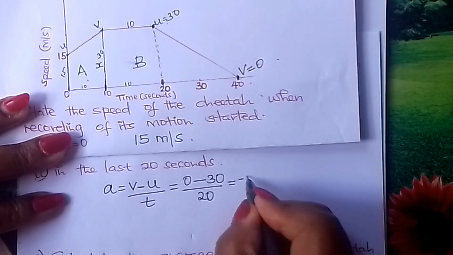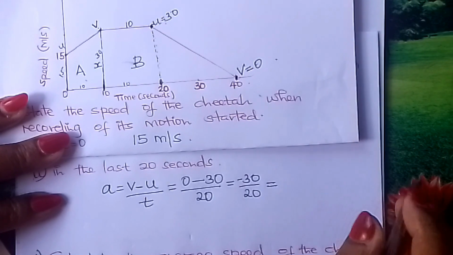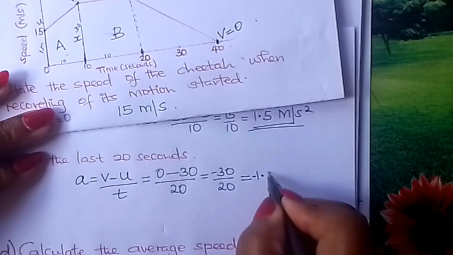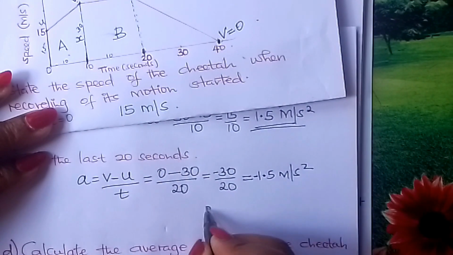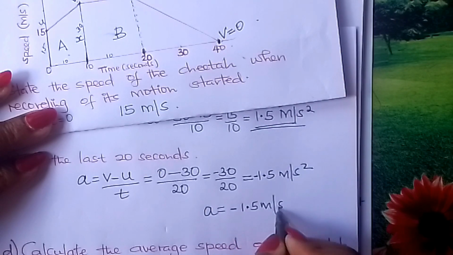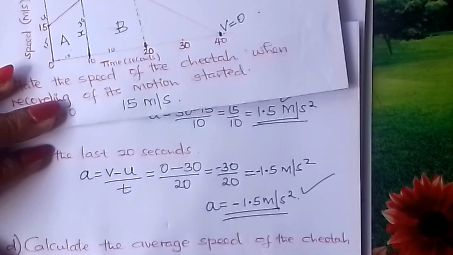And therefore this gives us negative 30 over 20, which gives us what, learners? Negative 1.5 meters per second squared. So our acceleration here is negative. We call it deceleration. That is our acceleration this time round.